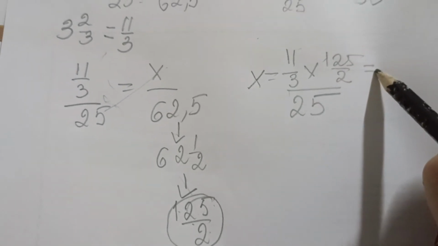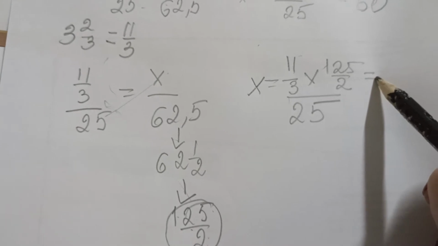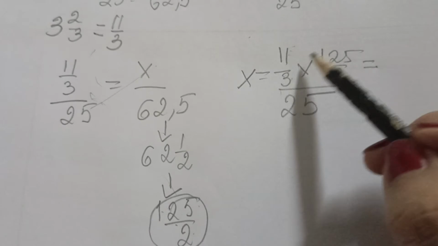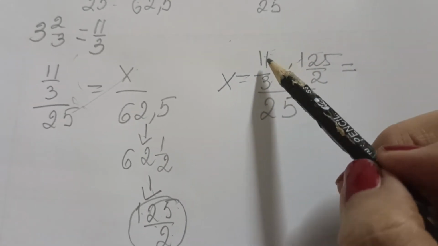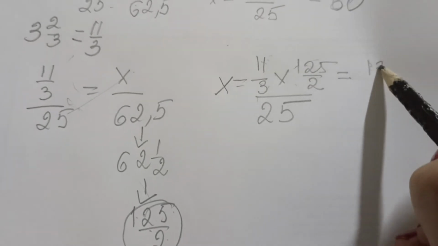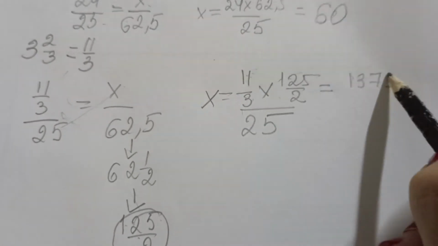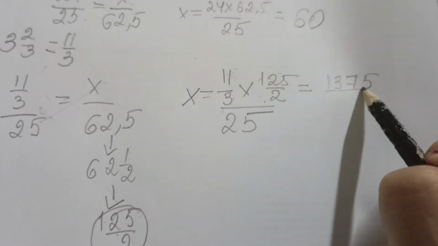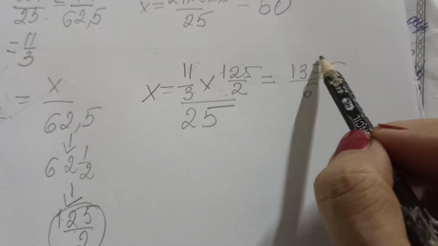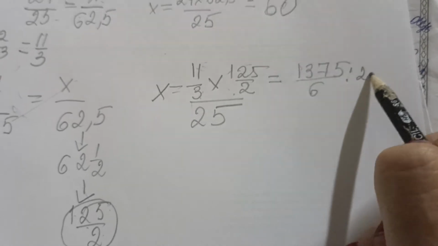Okay, when you multiply everything together, okay, we cannot cross out anything here. Okay, we need to multiply. So you multiply 11 by 125 and you get that number. Here you multiply 3 by 2, you get this number, okay? And you divide this number into 25.